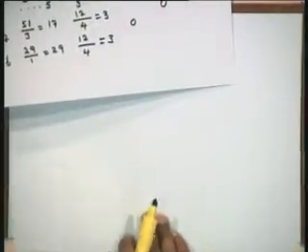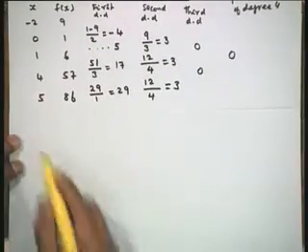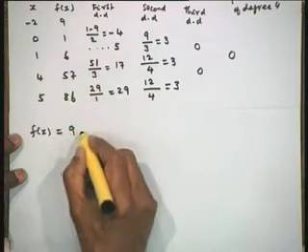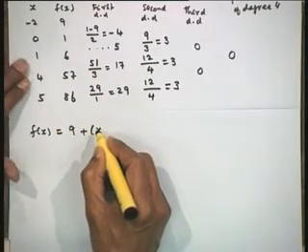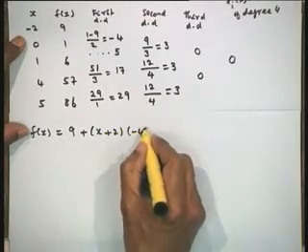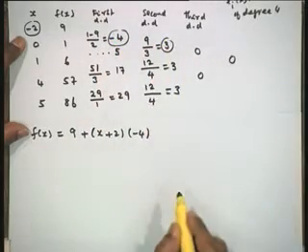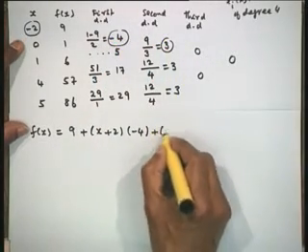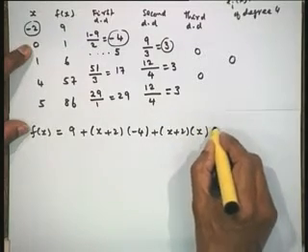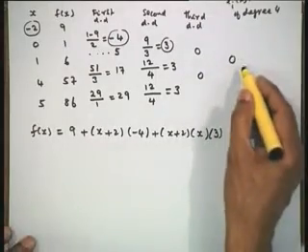So, let us now construct the interpolating polynomial for this. Therefore, the polynomial will be given by f x is equal to f at x naught, that is 9, plus x minus x naught, that is x plus 2, into the first divided difference. So, I will now take these values, plus x plus 2 into x minus 0, that is x, into 3, that is the second divided difference, and the third and fourth divided differences are 0.